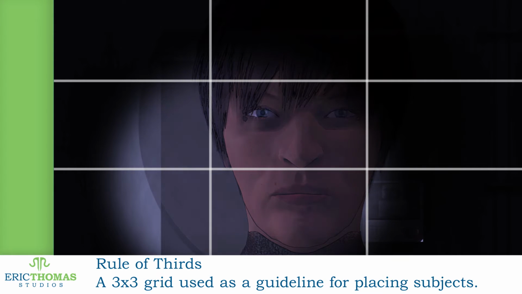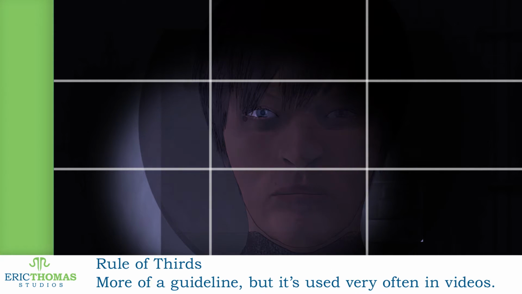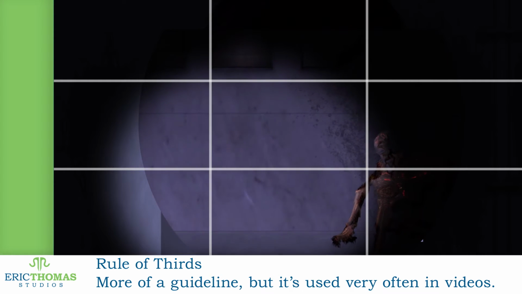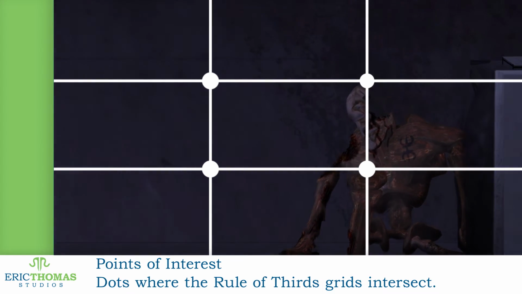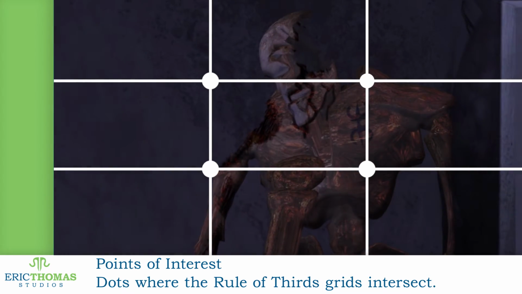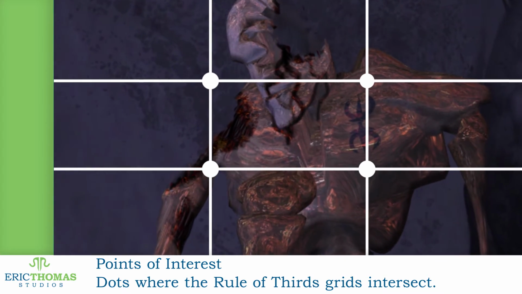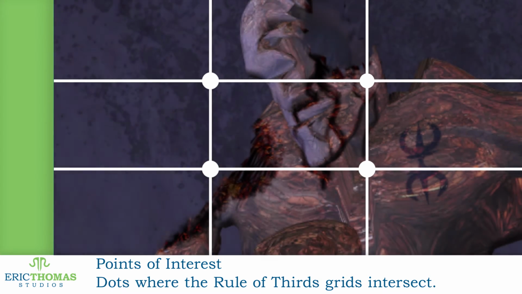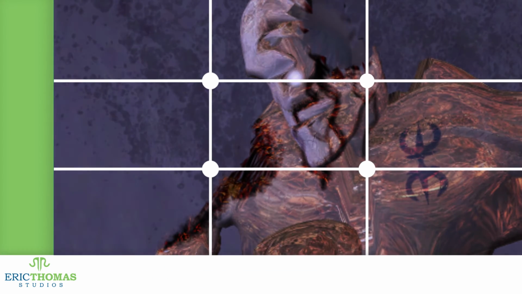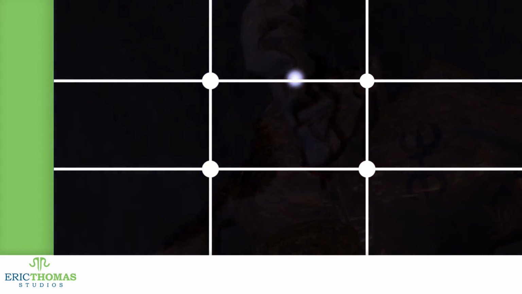The idea of this is that you can lay a 3x3 grid over any image or footage. In theory, the 4 spots where those grid lines intersect, known as points of interest, naturally draw the eye more, so you want your subjects to line up with at least one of those points where possible. It's really just a guideline, not an absolute rule, but I will say that you can lay that grid over screenshots from many shows or films, and it actually pans out.